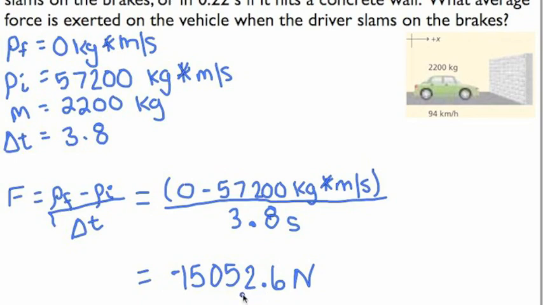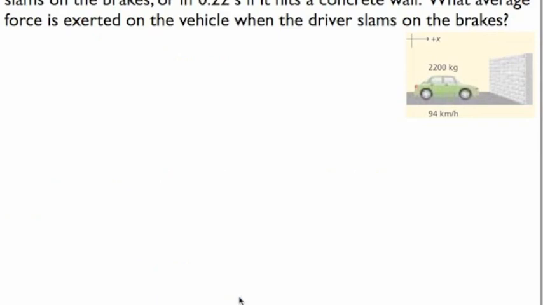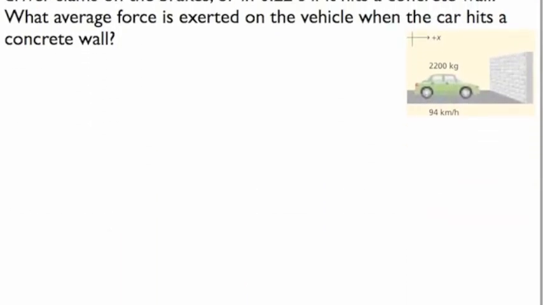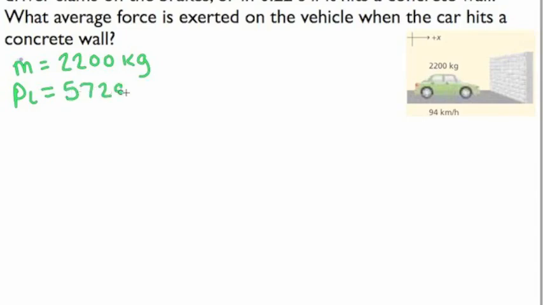Now let's do the last one. Now we're going to do when we hit the concrete wall. Our mass is 2,200 still. Our initial momentum is 57,200.